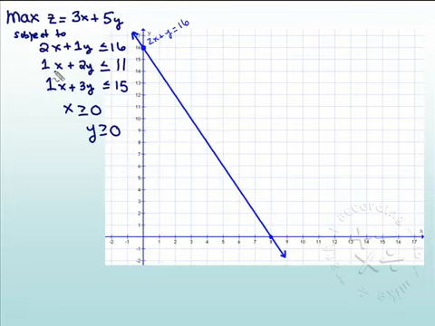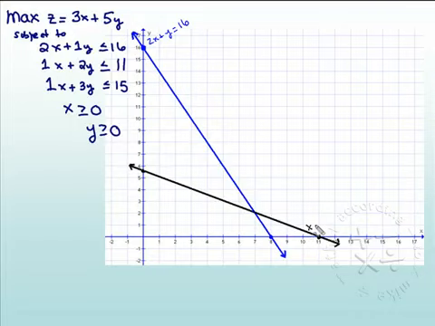Here, notice we'll have an x-intercept at 11 and a y-intercept of 5.5. And then we'll draw that line in. This is the line x plus 2y equals 11. And our last one will be x plus 3y equals 15.